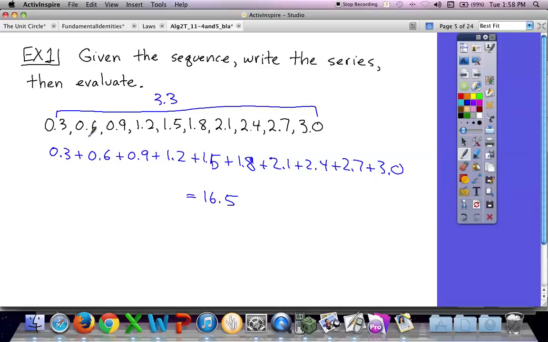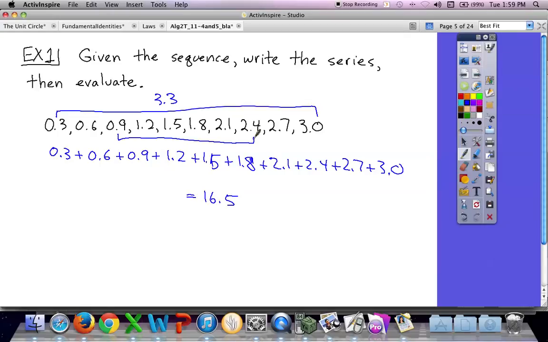You get 3.3 again. What do you get if you add the third term and the third to the last term? It's the same thing again. Every time you do that, you're going to get the same thing. And you're going to get it how many times? Not 10 times, because there's 10 terms. You're going to get it half as many times, 5 times. There's 5 pairs of numbers. And so it happened in his mind.